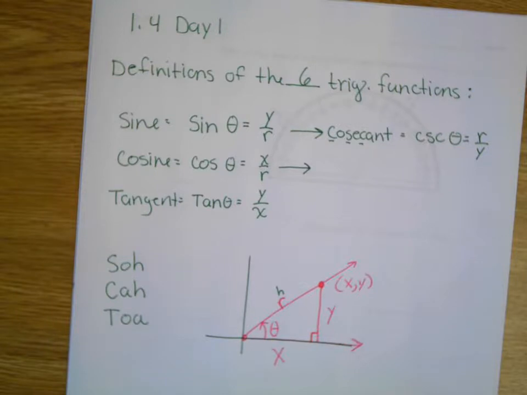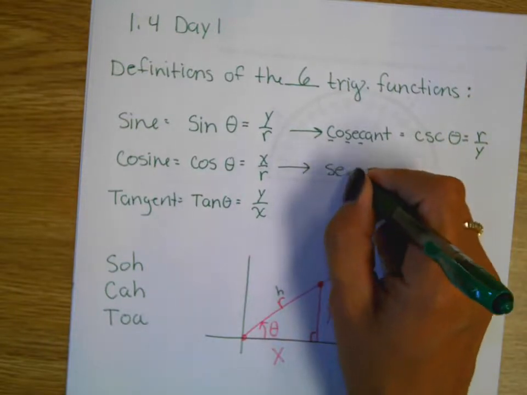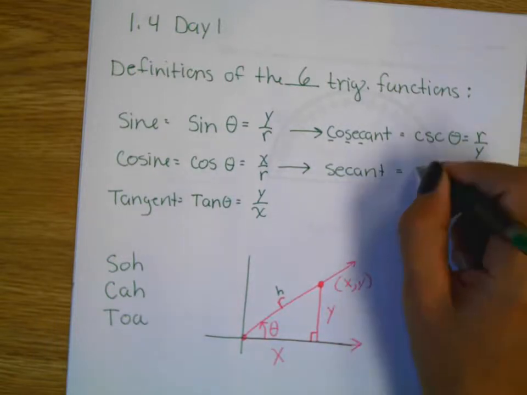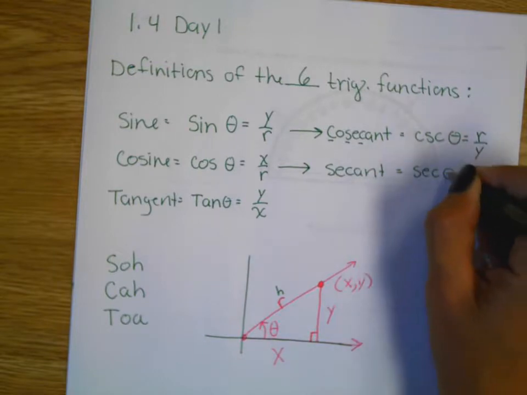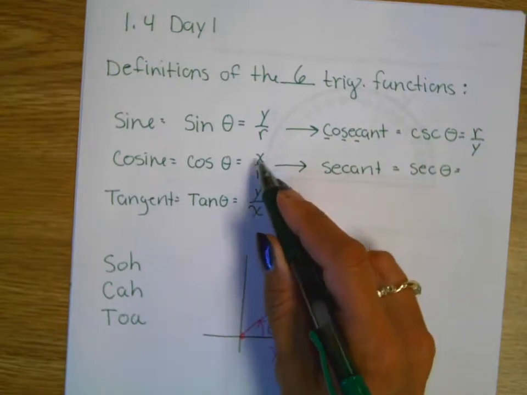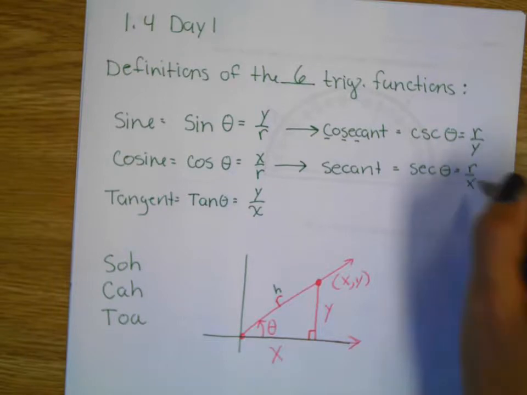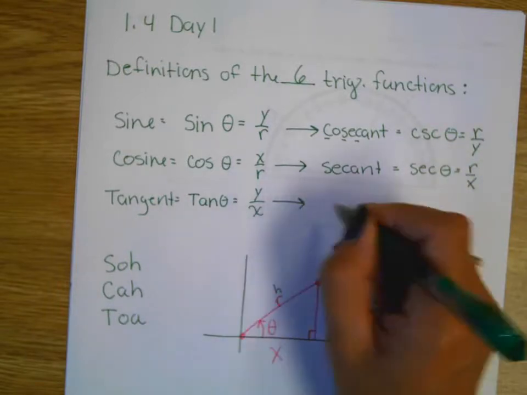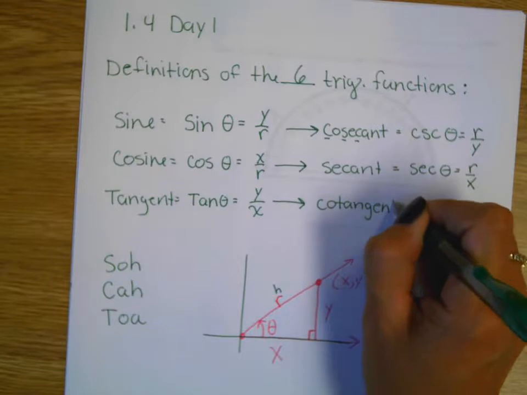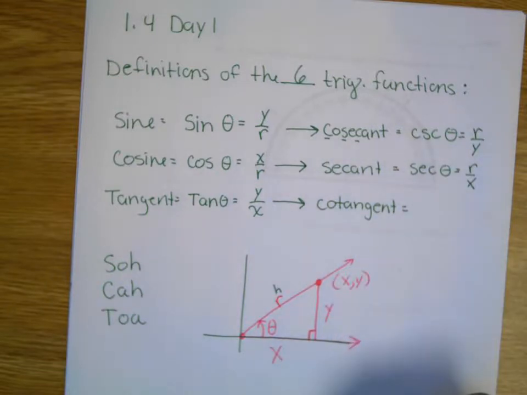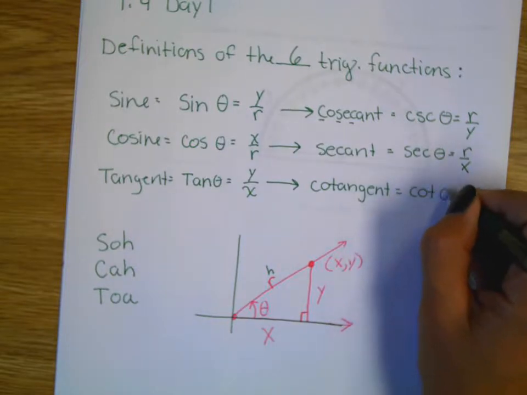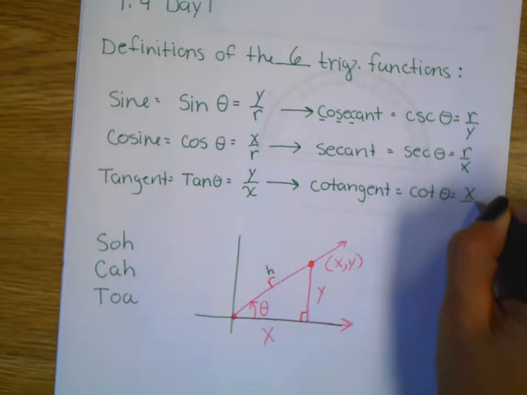Cosine's reciprocal is secant, abbreviated SEC, which gives r over x. Tangent's reciprocal is cotangent, abbreviated COT, and that will be x over y.